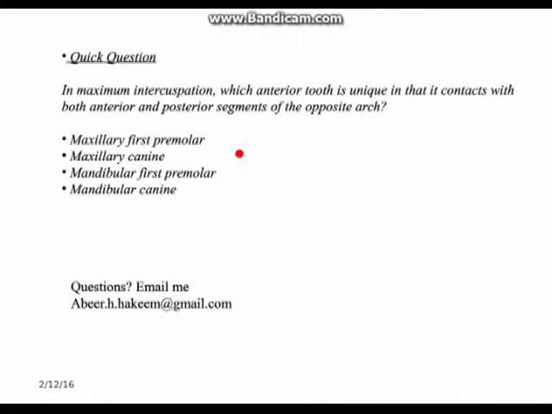I do have a quick question for you. In maximum intercuspation, which anterior tooth is unique in that it contacts with both anterior and posterior segments of the opposite arch? Maxillary first premolar, maxillary canine, mandibular first premolar, mandibular canine. Meaning, remember how we discussed the lower central incisors when they contact at maximum intercuspation, they only contact with the maxillary central incisors because they're so tiny and so confined, and the maxillary centrals are so huge that they only contact with that one tooth.